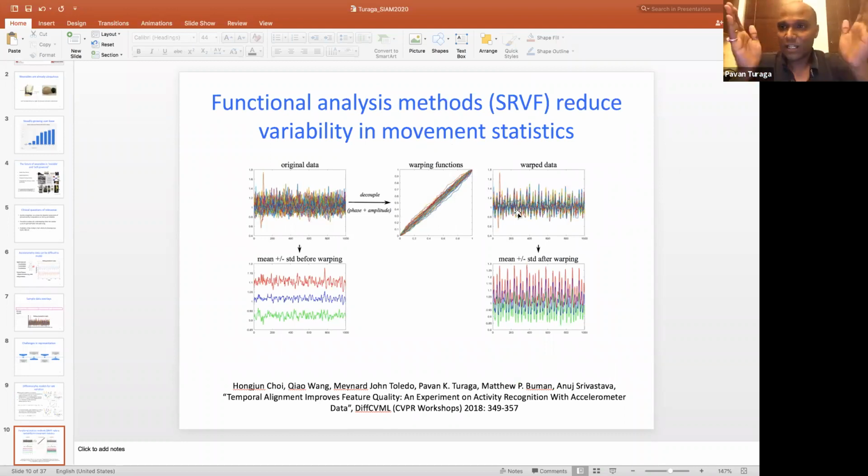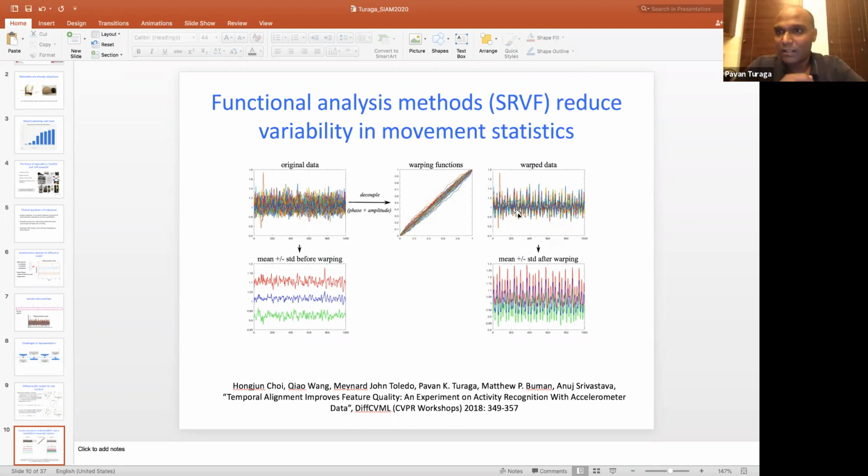And when you just overlay them, there is this temporal misalignment problem, because when you also window signals, there is no guarantee that the peaks and valleys will be aligned. So there is misalignment introduced not only because of internal variabilities, but also because of this windowing operation in time.